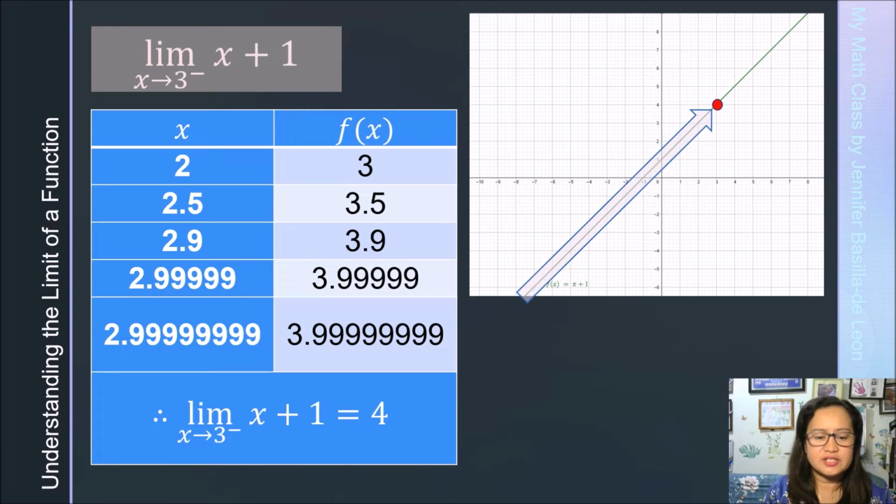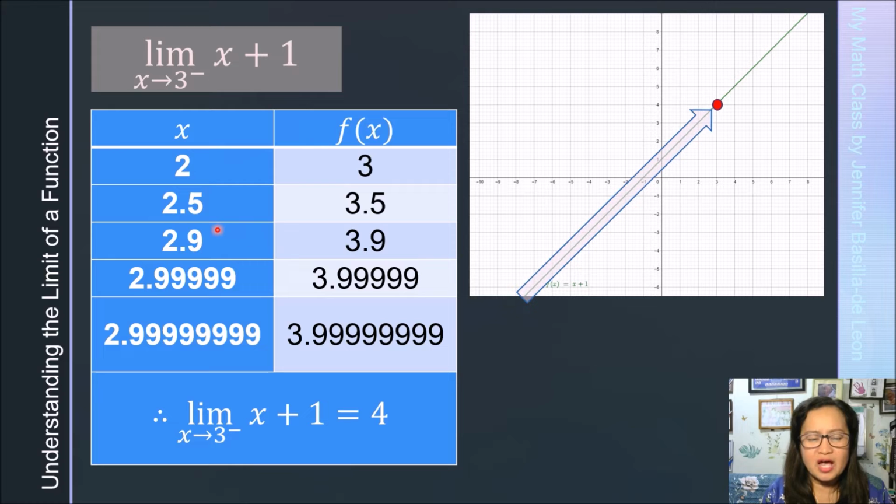When x is 2.5, the value of f of x would be 3.5. Whereas, if we have 2.9, replacing x by 2.9, the function will have a value of 3.9.